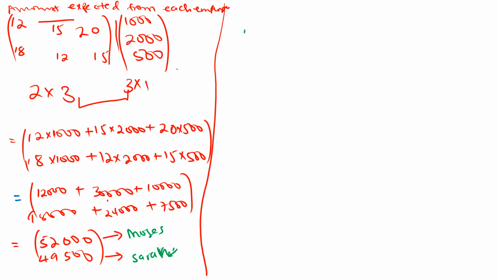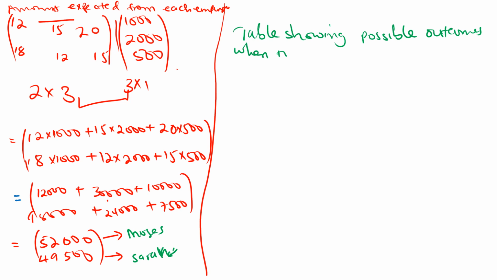Now, first of all, I'll come here and I say table showing possible outcomes when two coins are tossed.